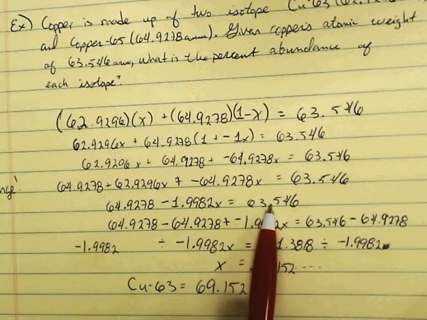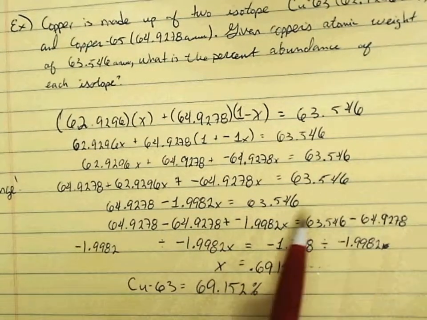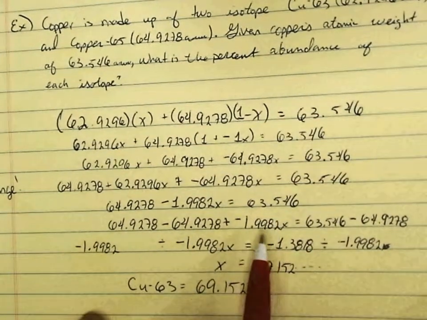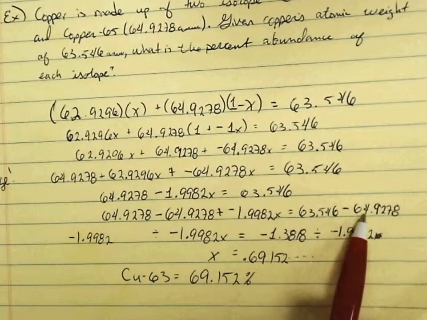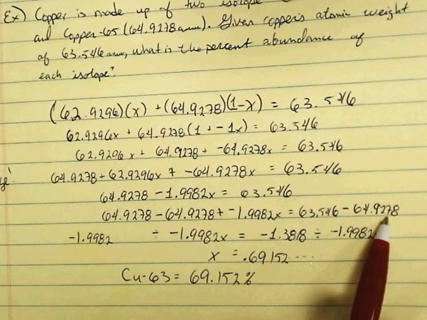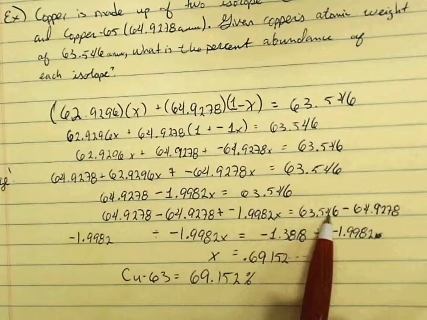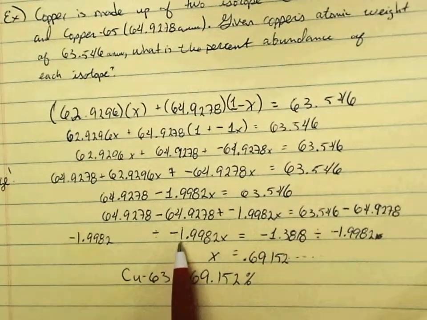Now I need to get rid of my 64, so I'm going to subtract 64.9278 from both sides, from 63.546.